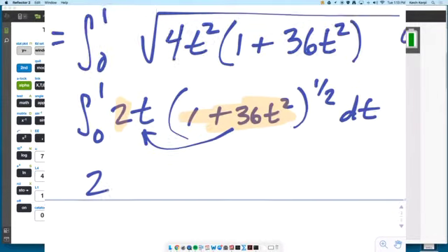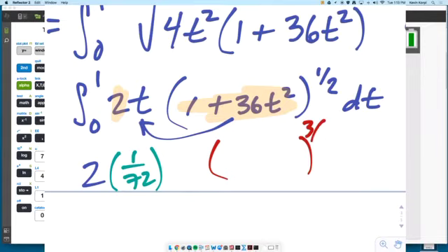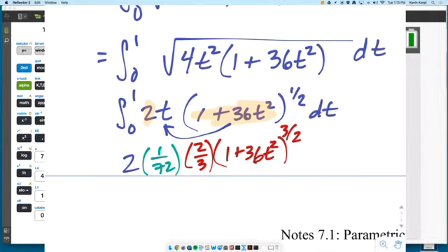So we have a correction of what? 1 over 72. Good. 1/72. And now the 2t is taken care of. The t gets packaged back up, and now we're on to the rule of integration, which is blob to the 1/2. So it becomes blob to the 3/2 with a 2/3 in front. So all those integration techniques are now viable, but we're still just integrating with respect to one variable. And then we'd evaluate it from 0 to 1.